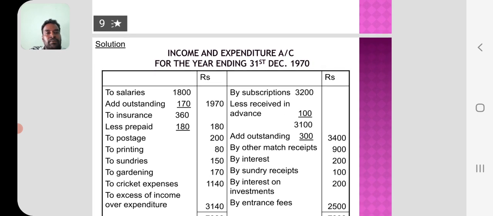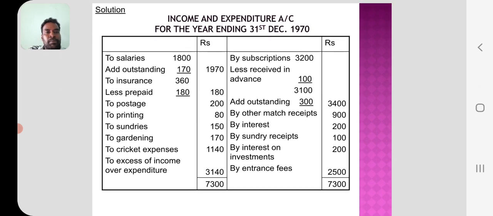So see here, we are preparing the income and expenditure account for the year ending 31/12/1970. To salaries 1,800, outstanding salaries 170 to be added, then the total amount is 1,970.